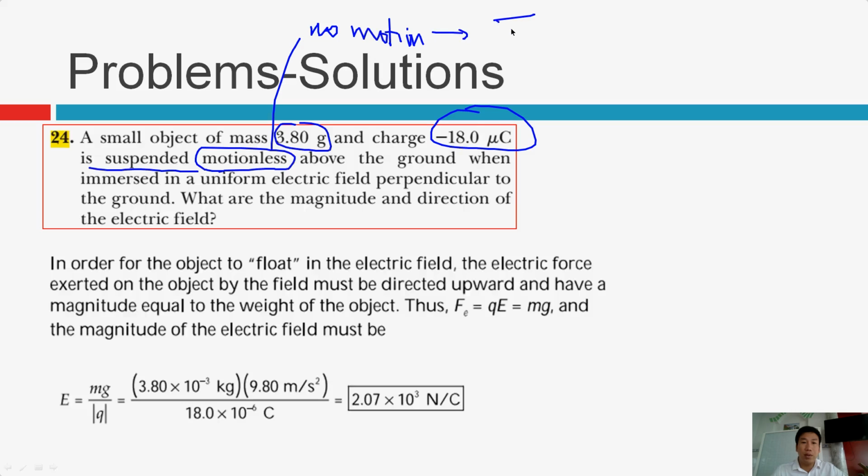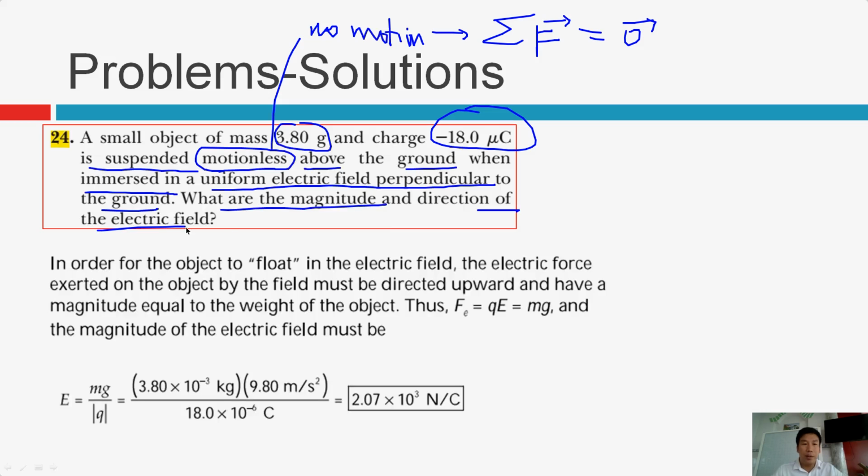It means that the total force equals 0, right? It suspends motionless above the ground when immersed in a uniform electric field perpendicular to the ground. What are the magnitude and direction of the electric field?